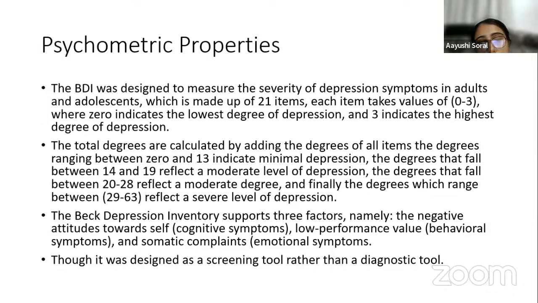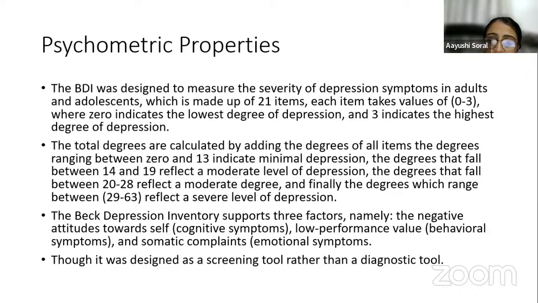Okay. So the BDI supports three factors. First is the negative attitude towards the self, which is of the cognitive symptoms, low performance value, behavioral, and the somatic complaint, that is emotions. These are the three components. I recall it as the ABC component.